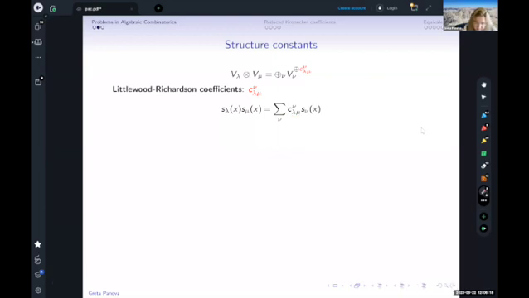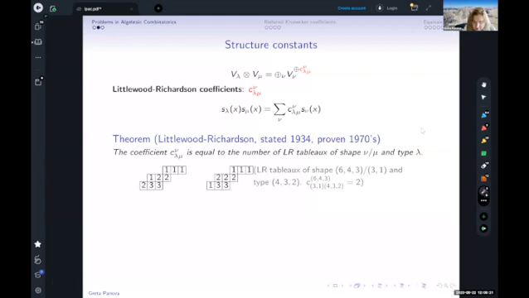This is what shows up. And they can be computed, as we all know, by the beautiful Littlewood-Richardson rule. Not very important exactly what it says, but this number is equal to the number of skew semi-standard Young tableaux of shape, let's say, nu minus mu, and type lambda, type meaning that the number of ones is equal to lambda 1, the number of twos is equal to lambda 2, and so on.